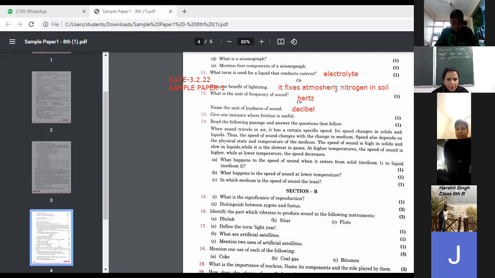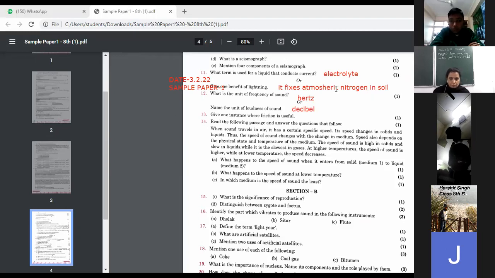Read the following passage and give the answers. Chaliye, Harshit Singh, you read it. Read the following passage and answer the questions that follow. When sound travels in air, it has a certain specific speed. Its speed changes in solids and liquids. Thus, the speed of sound changes with the change in medium.